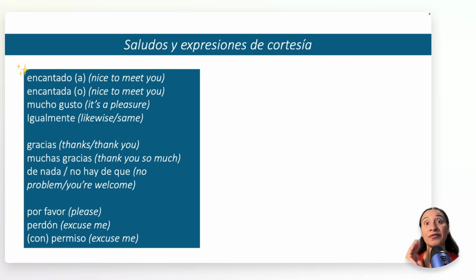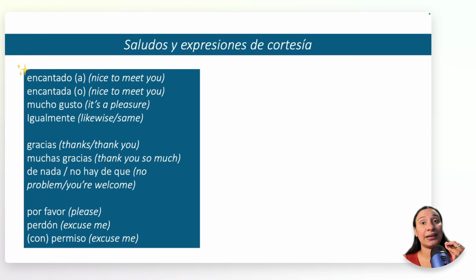That means that you have to use, whether you are a female speaker or a male speaker, and I'm talking about sex, about that dichotomy, right? So if you identify yourself as a woman or if you identify yourself as a man, then you have to use in the adjectives whether it is A or O. A for female speakers and O for male speakers. This video is just gonna address those two ways to use the adjectives, okay? So female speakers or male speakers. And that's what we have in this box.